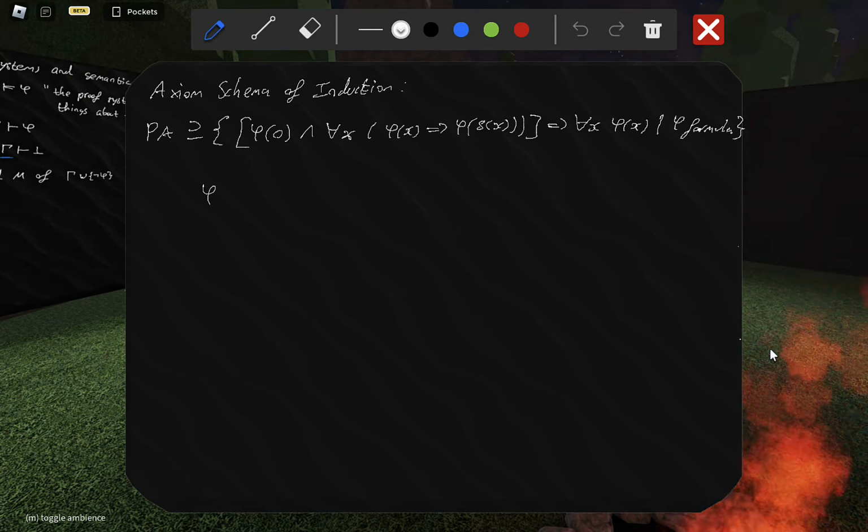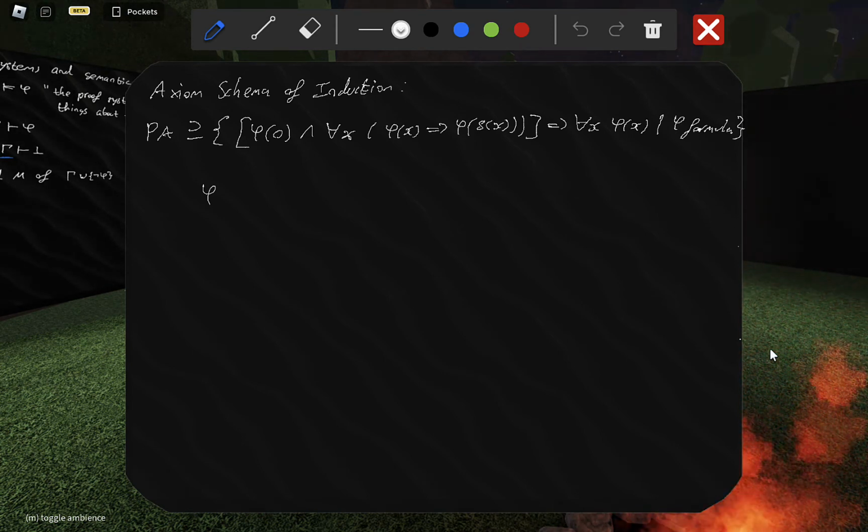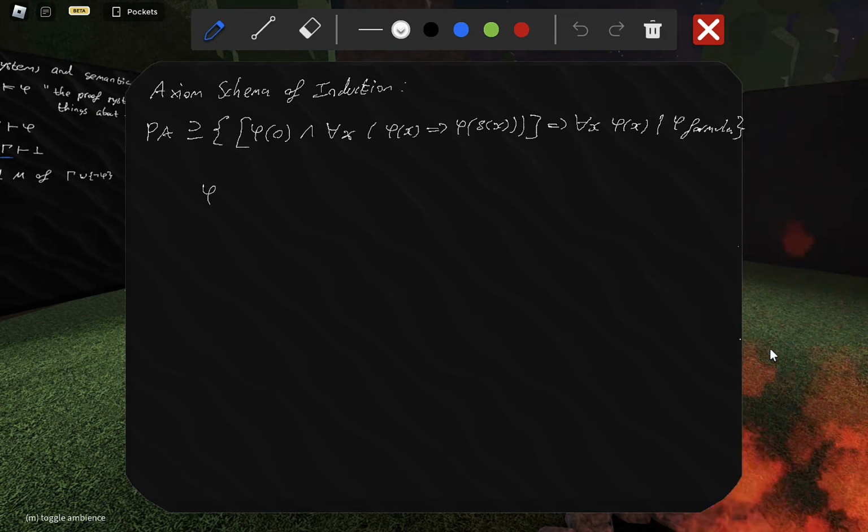It allows the models to be non-standard and not just the regular set of natural numbers.